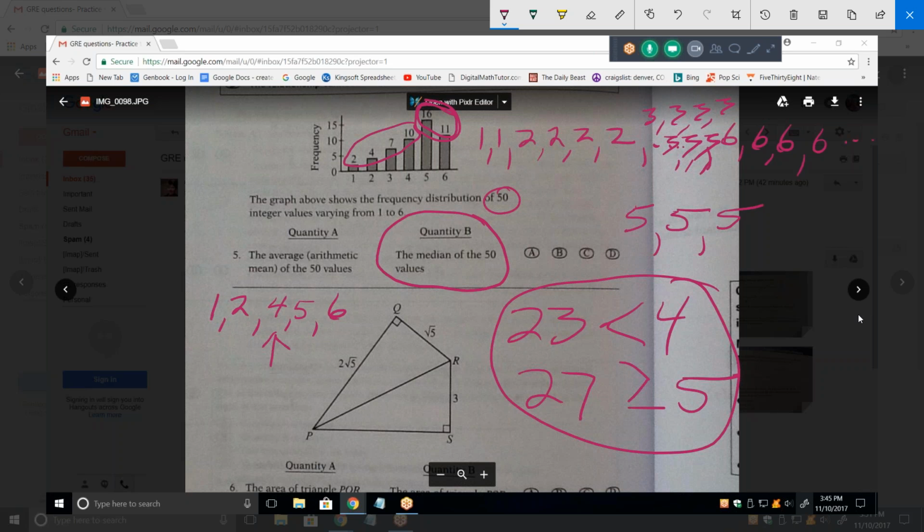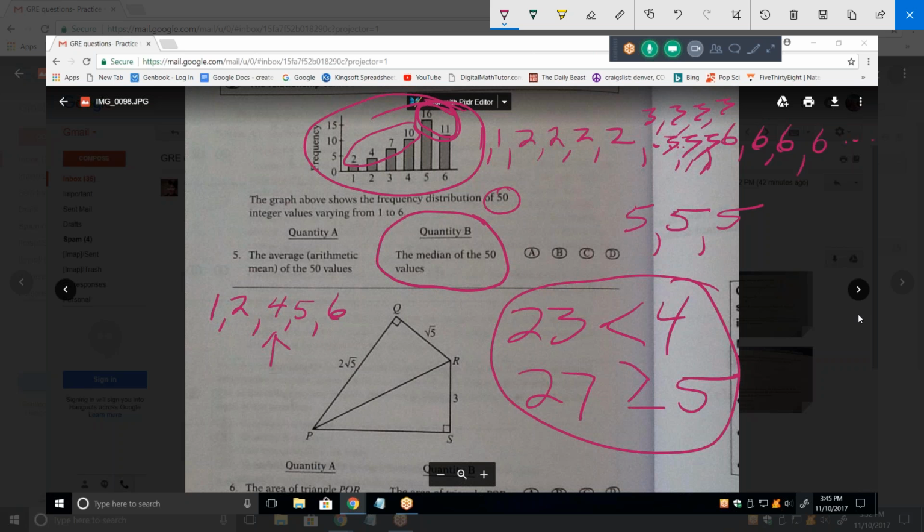Unless I can draw that in a different way, and they don't give me a whole lot of choices on how to draw it because they've given me the histogram here. There's only one way to draw it. So with 16 5s and 11 6s in the sequence, if it was a more balanced representation, then maybe the average would be more than the median?